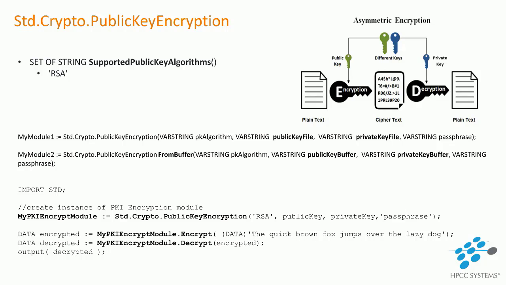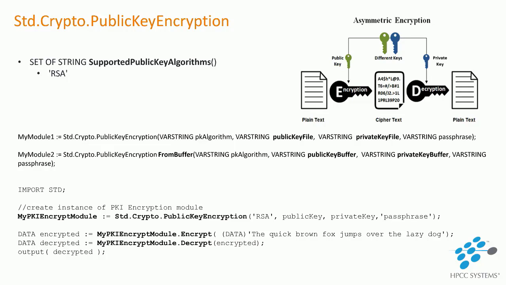So the ECL example that you see below, as always, import your standard library and define your public key encryptor module. The attributes that you pass to it are the algorithm name, of course, and in this case I took the public and private key buffers and a passphrase, and that defines the module that you then subsequently call iteratively or whatever your needs are to encrypt the data.